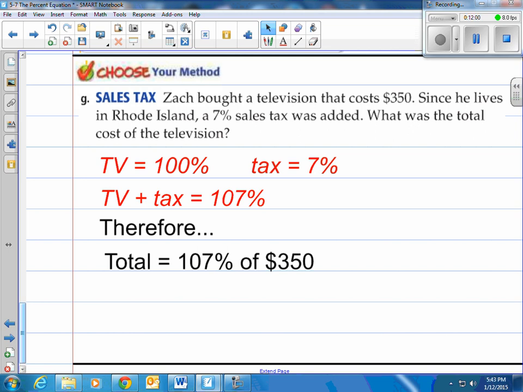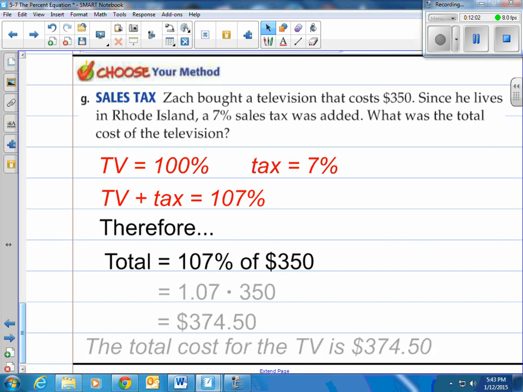So take 107% and multiply it by $350. We change it to a decimal, 1.07 times 350. That gives you $374.50. That adds in the $24.50 of tax already. You don't have to calculate tax, then add it on. So the total cost for the TV is $374.50.